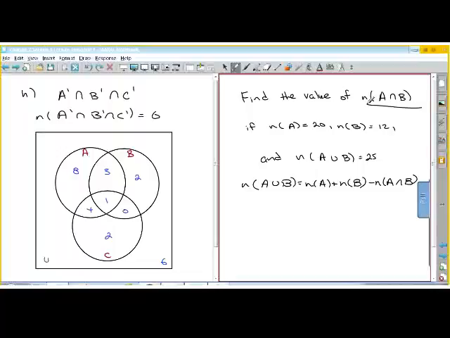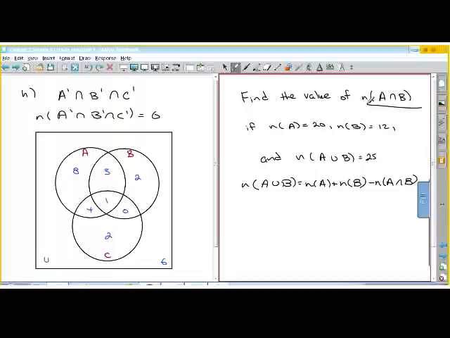What they're asking for here is the intersection. But just like any algebra problem, you can manipulate this expression. It's an algebraic expression, so I could solve for this.